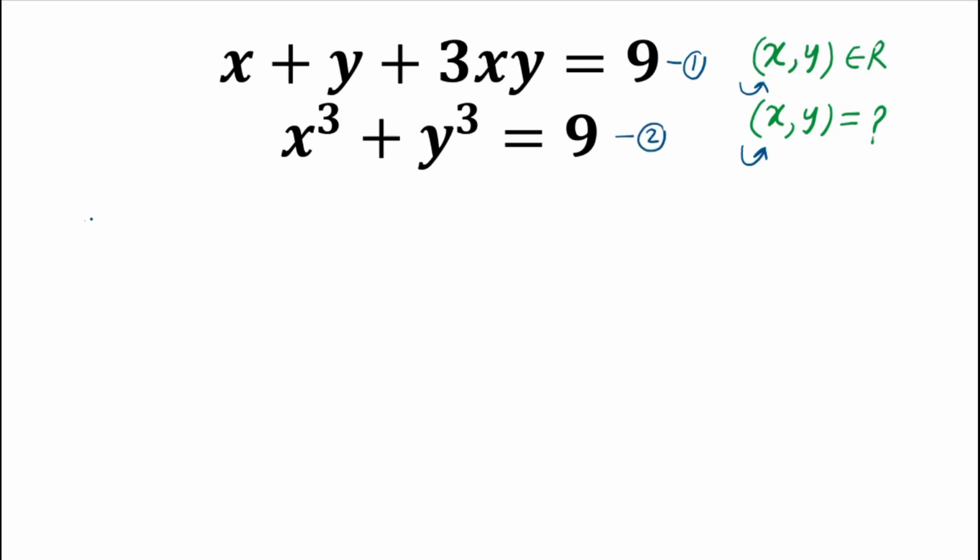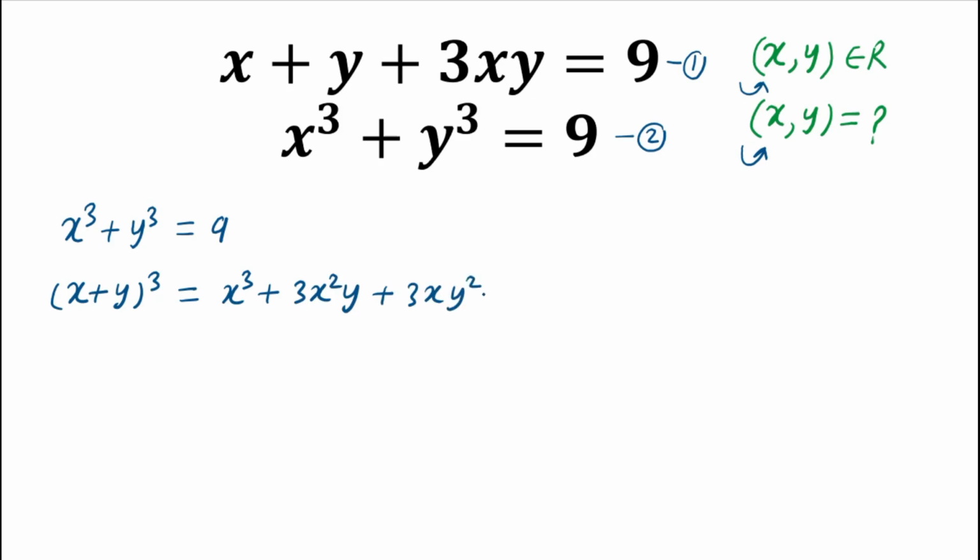Look carefully, equation number second is x cube plus y cube equals 9, and we know the algebraic identity: (x plus y) whole cube equals x cube plus 3x square y plus 3xy square plus y cube, and in the left hand side (x plus y) to the power 3 equals x cube plus y cube.